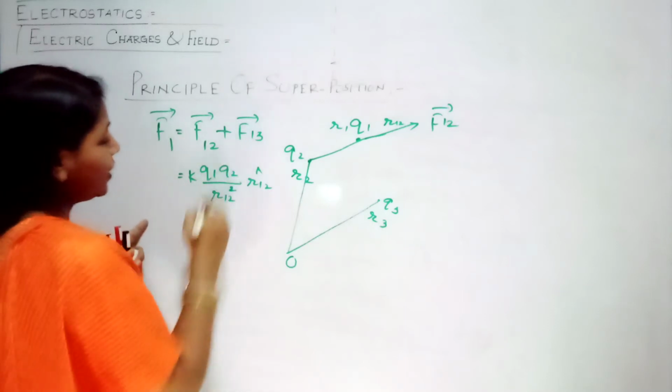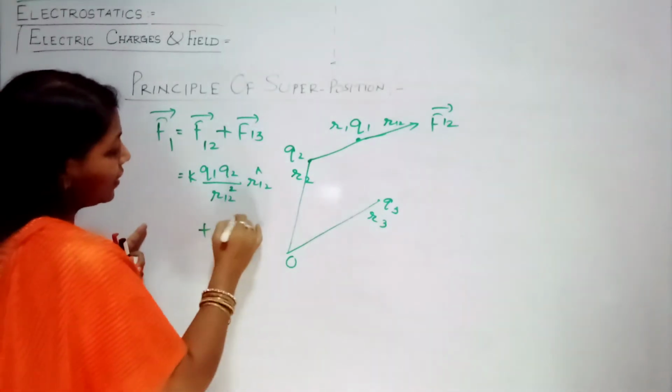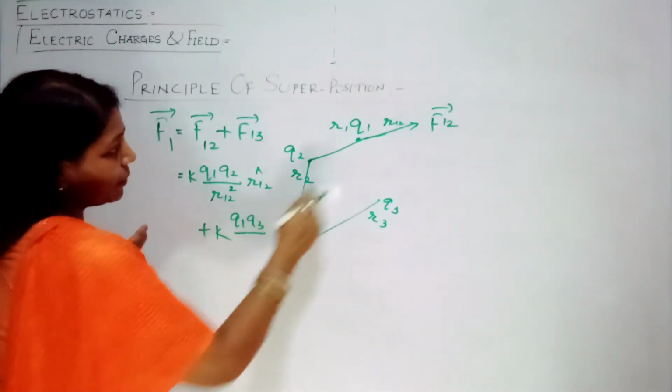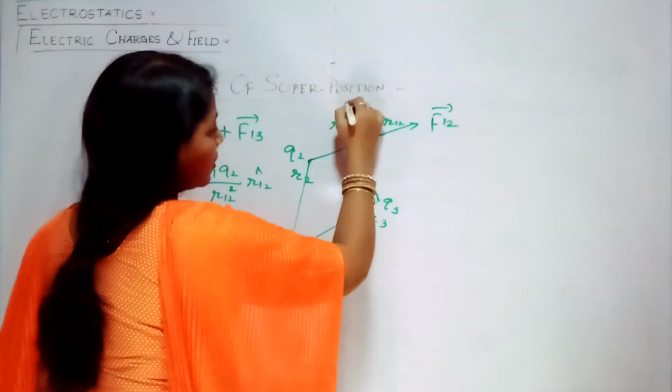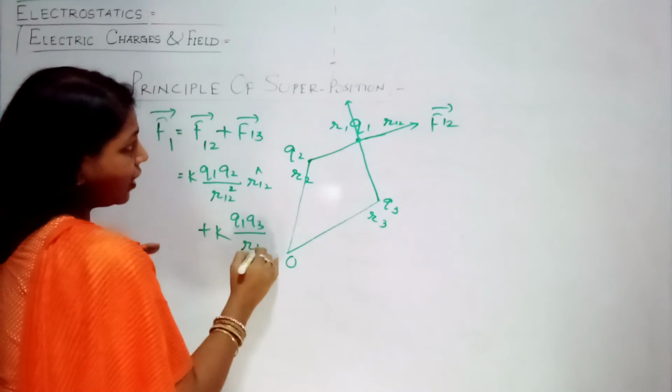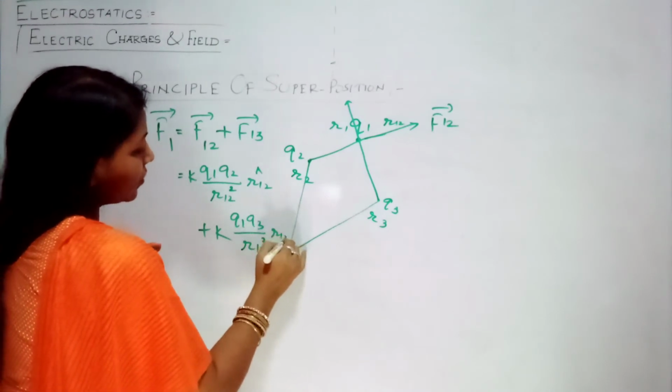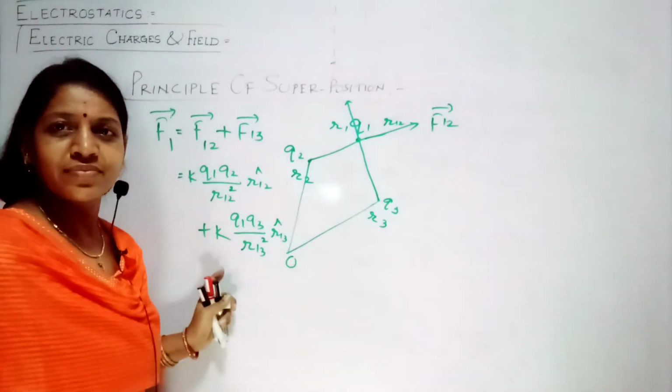Correct. Similarly, what is F13? K Q1 Q3 by R13 square, R13 cap. Clear?